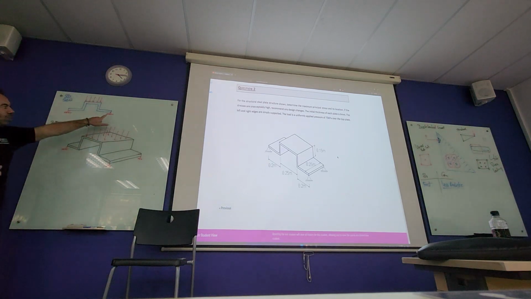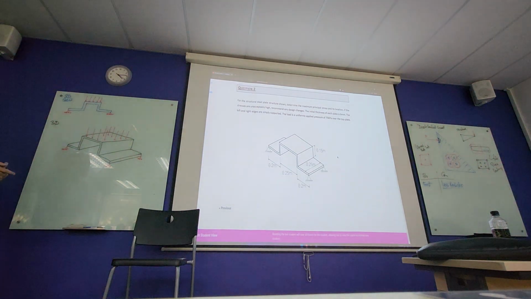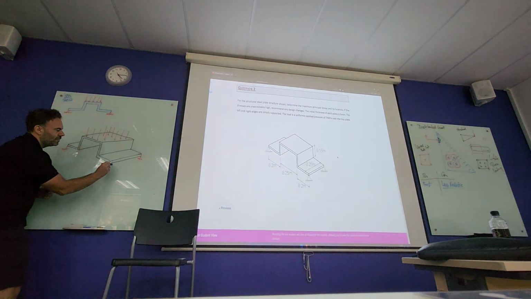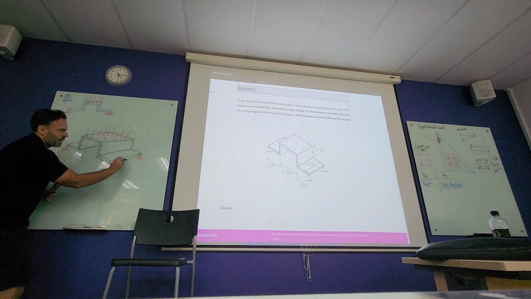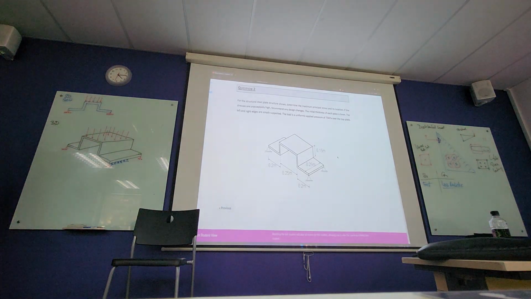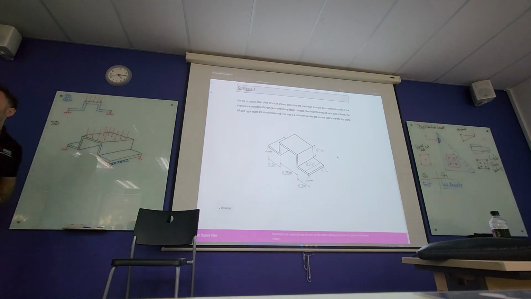This assumes that you have a boundary condition along the edge at every location. Because remember what we said: when we do 2D solid, we model the front face, and whatever we model there, we assume continues in depth.